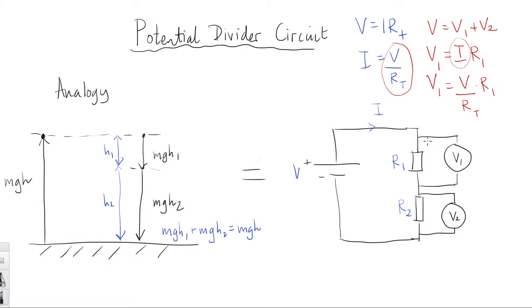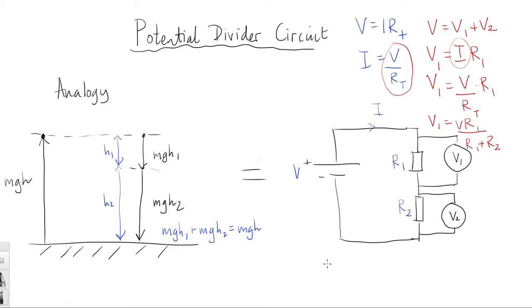And since these are connected in series, we know from the previous video that the total resistance of resistors in series is just R1 plus R2, the algebraic sum of the two resistances.